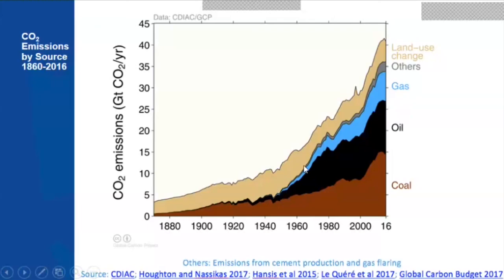Going up to the 50s, we start to see an increase in not only coal and oil, but now more methane gases because we have larger sources of industrialization and agricultural practices. We also see that land use is possibly coming down a little bit, but we still have that emission from land use and land clearing, the changes on our topography. And we have a new category, the others category, which is generally from the production of concrete.